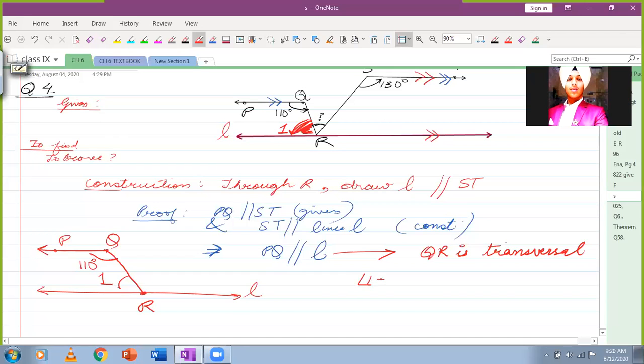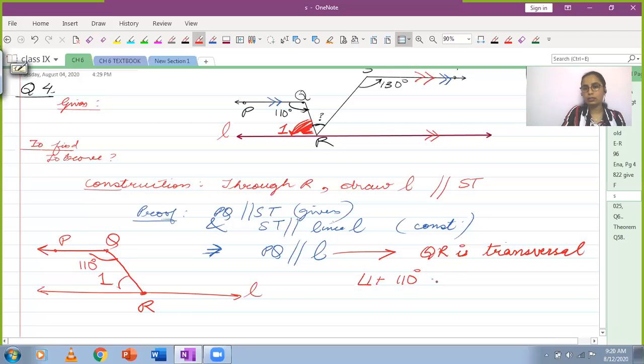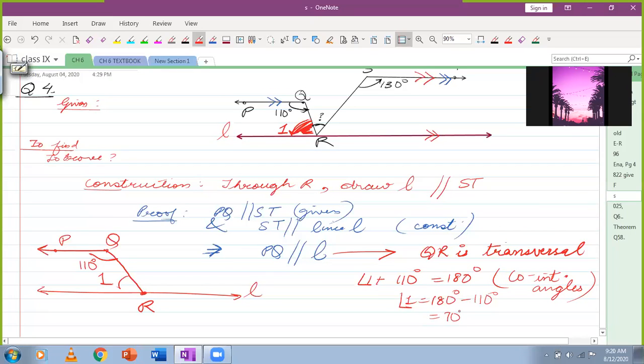Yes, ma'am. 70 degrees. Angle 1 and 110, their sum will be 180 degrees. So from here, angle 1 will be equal to 70 degrees.